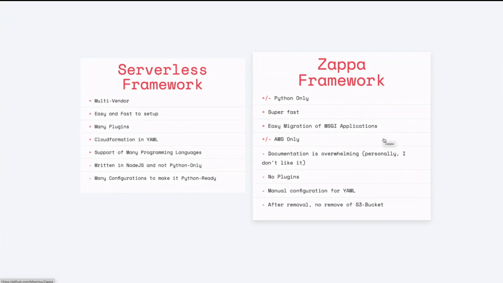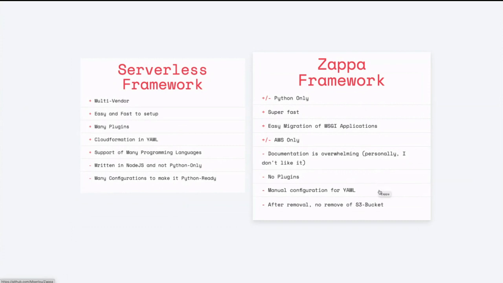Then now you can again argue it's only on AWS, so you cannot do multi-cloud. The documentation is quite overwhelming. Actually, they only have a GitHub page, which is quite long. I personally don't like it. It has no plugin support, so you need to stick with what Zappa has to offer.